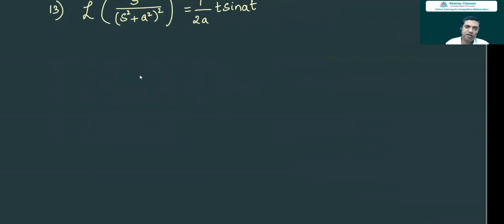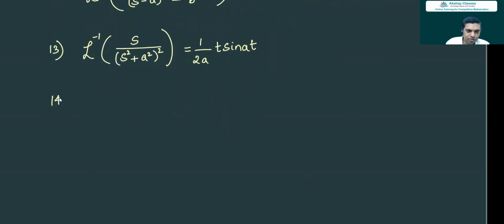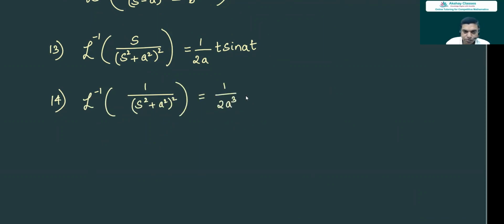Next. So this one is a little difficult one because t is involved here. But we should remember these results. Now this is a little more difficult, but 1 by (s square plus a square) the whole square is 1 by 2a cube (sine at minus at cos at).